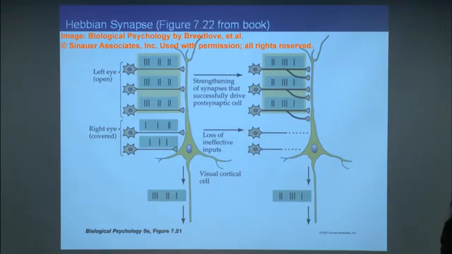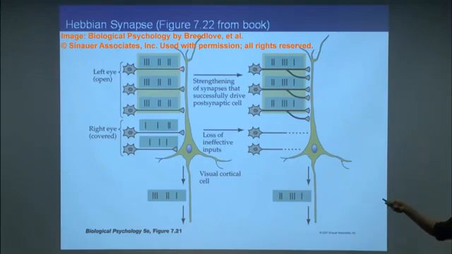You get more presynaptic elements from the same cells going in here. That means that a given stimulation will stimulate the postsynaptic cell even more and result in higher firing from the left eye. And you get retraction of these inputs from the right eye, suggesting that the right eye will not be able to fire this neuron at all.